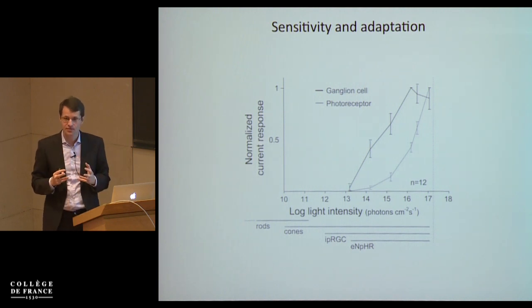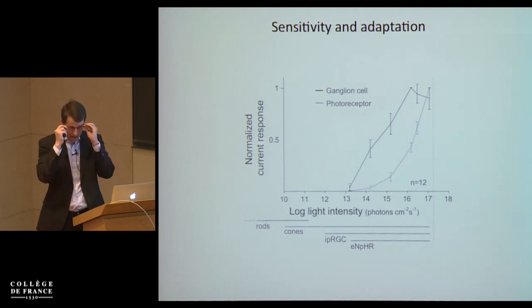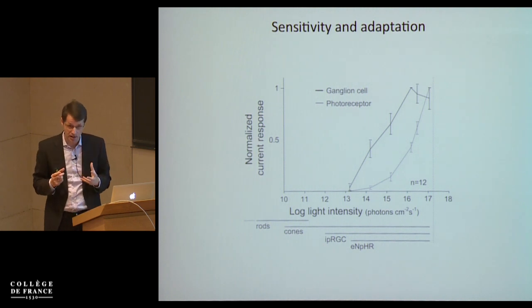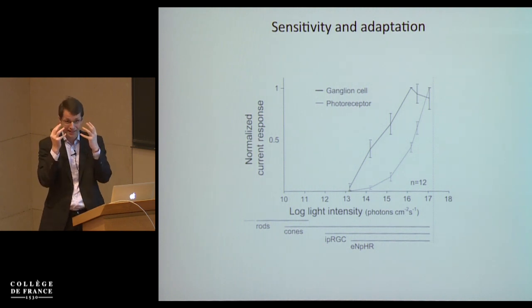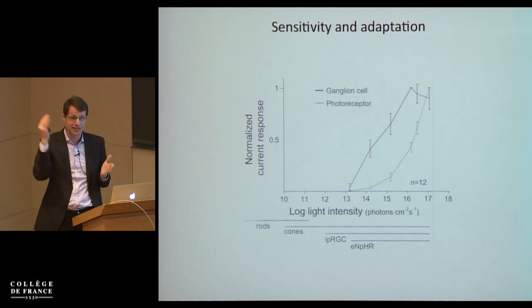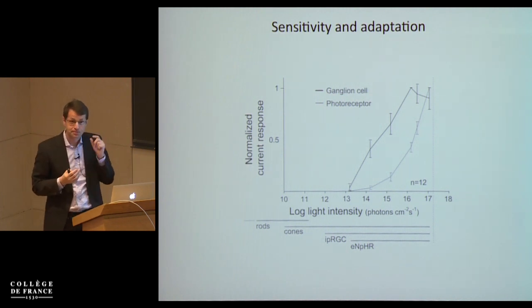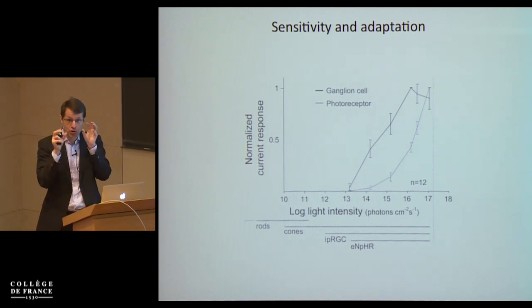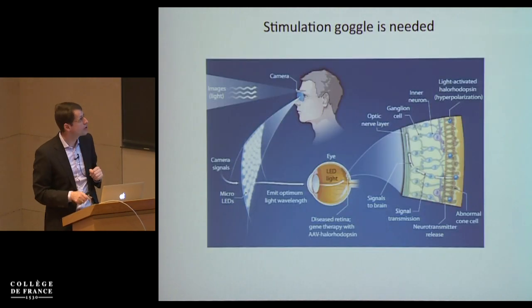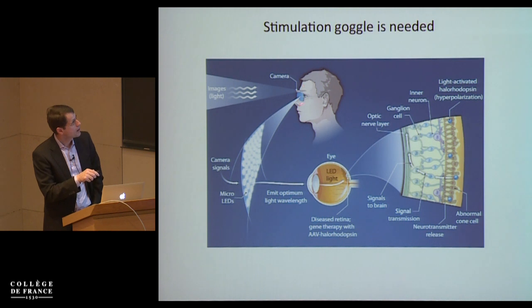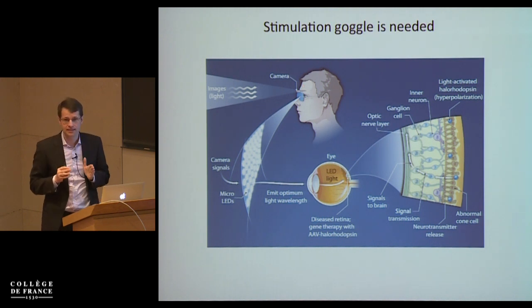For this reason, we need an outside device that has a video camera. The video camera can adapt to many log units because we have fancy computers in it, and then it projects the light to the retina at the appropriate light intensity.